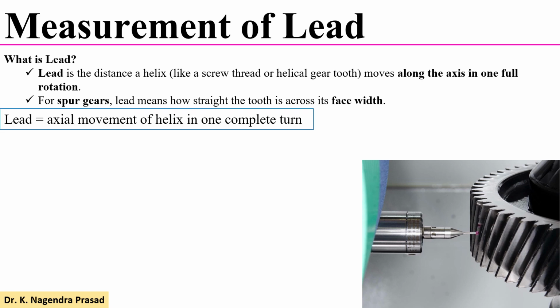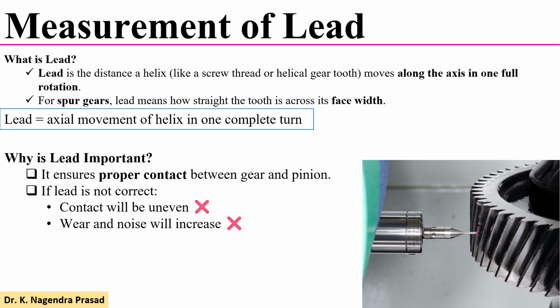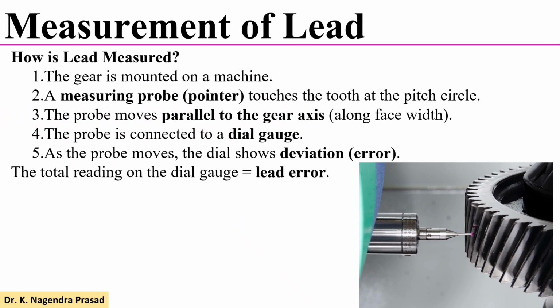In general, lead is equal to the axial movement of the helix in one complete turn. Let's see the importance of the lead. Lead ensures proper contact between the gear and pinion. If lead is not correct, then contact will be uneven. Then it will result in wear and increased noise.